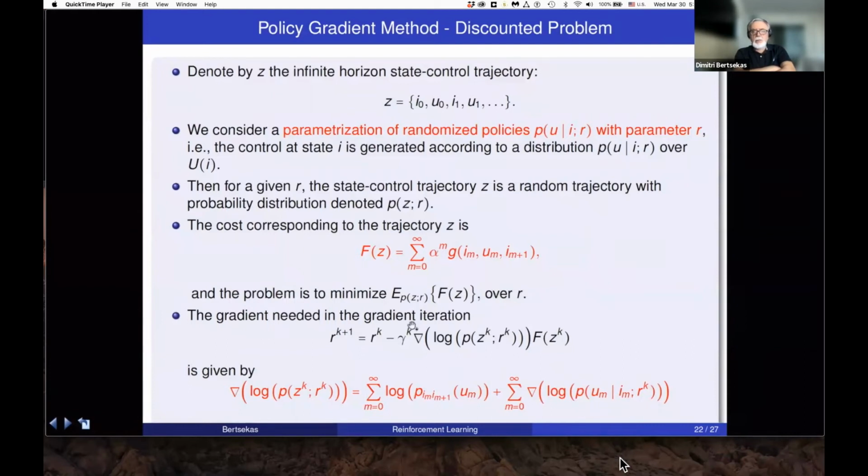Right, yeah, that's what this involved here. So there's the uncertainty, there's the transition probabilities, the inherent uncertainty in the problem, and then we randomize the policy so that adds additional uncertainty, and the expected value is with respect to the overall uncertainty, let's say.